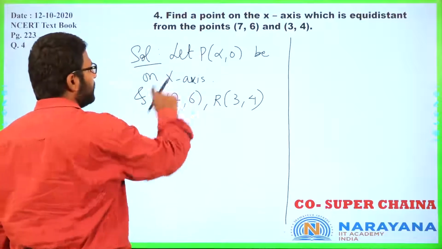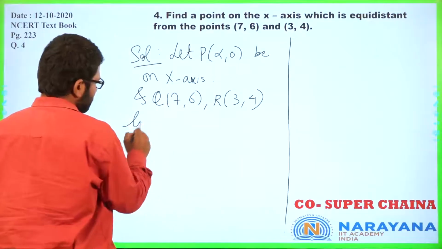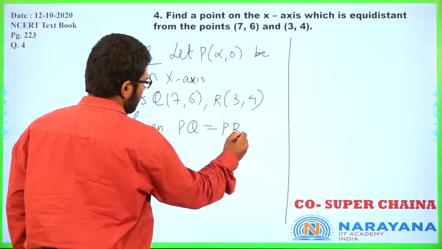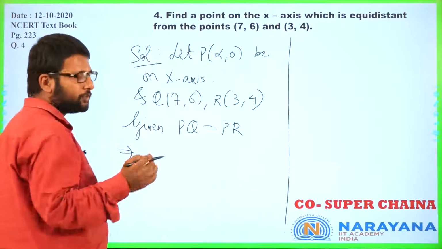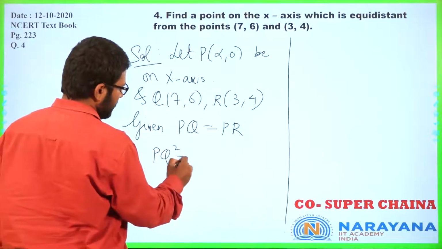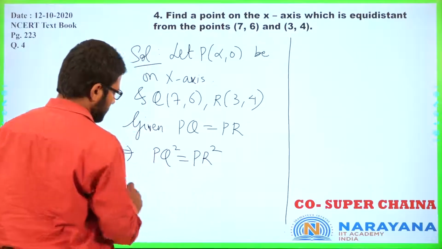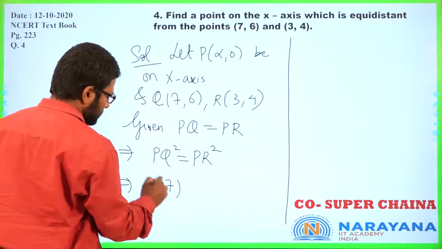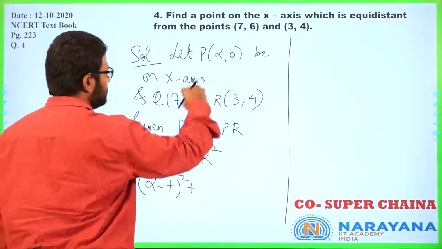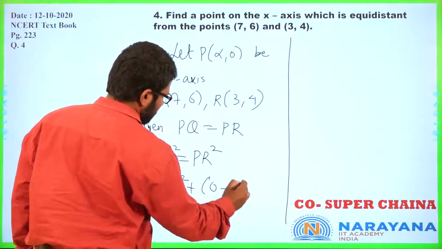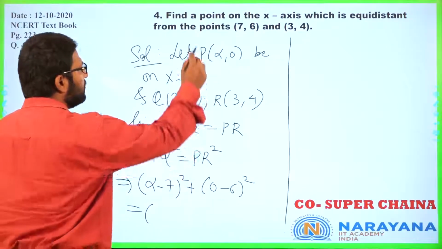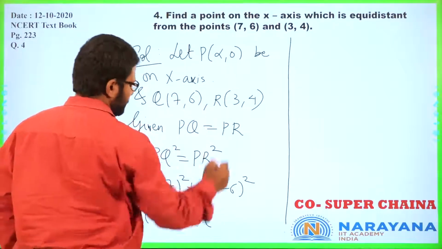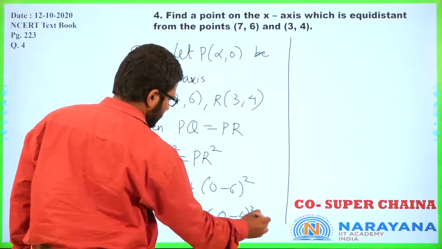So P, Q and R. It is given PQ equal to PR. Now I want to avoid square roots, which means PQ square equal to PR square, then apply the distance formula. So PQ square will be alpha minus 7 the whole square plus 0 minus 6 the whole square, equal to alpha minus 3 the whole square plus 0 minus 4 the whole square.